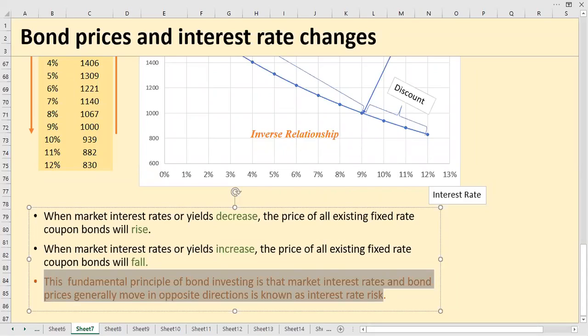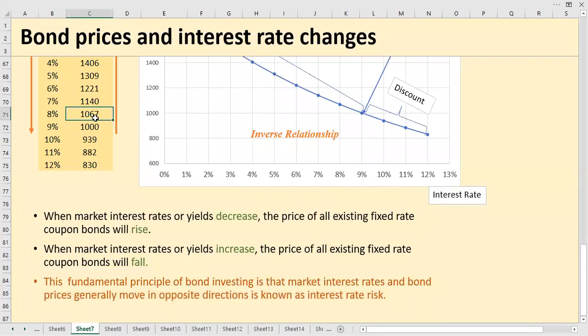So what is the risk here? Now, for example, we now think that the required rate of return is 9%, but in the future, due to some economic conditions, if the required rate of return tends to increase, for example, now at the moment we are thinking that the required rate of return is 8%, right? What if the required rate of return increases up to 11%? When it is 8%, we can sell this bond at a price of 1067.